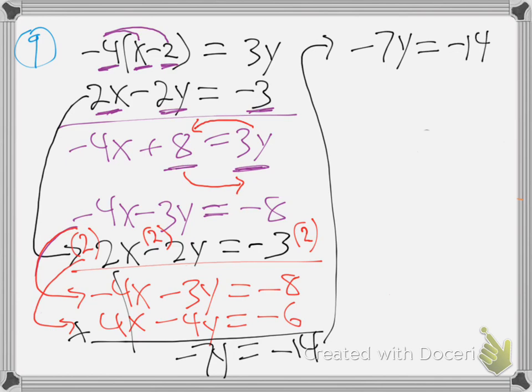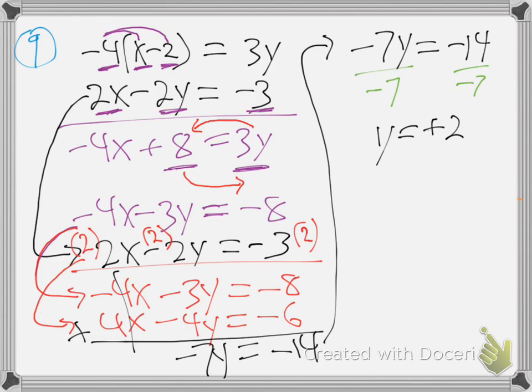Last step to get y alone: divide by exactly what's next to the letter. Same sign, same everything. So divide by minus 7. And y will equal positive 2, a regular 2, because two negatives make a positive.